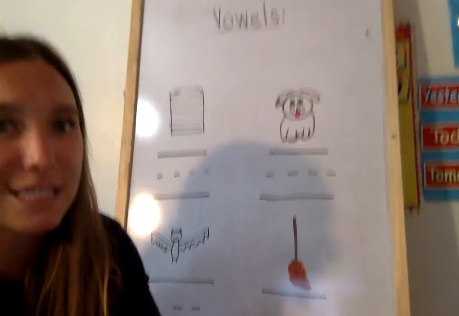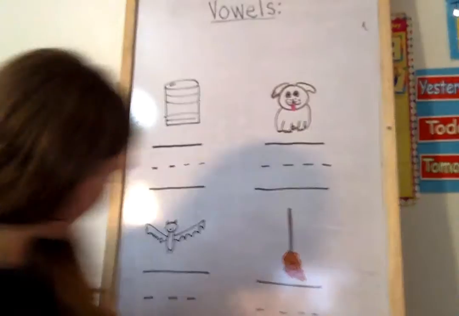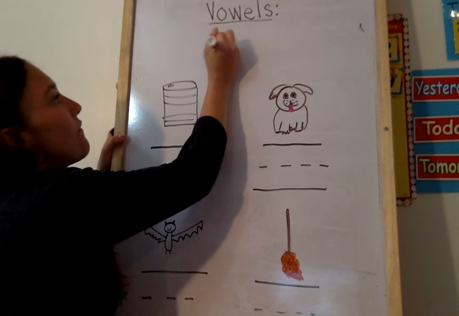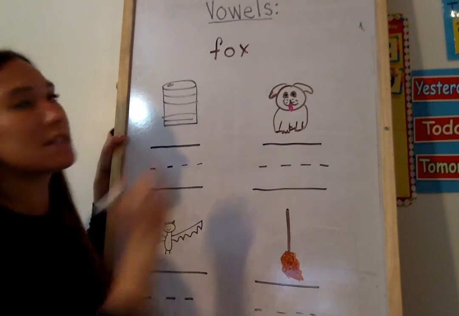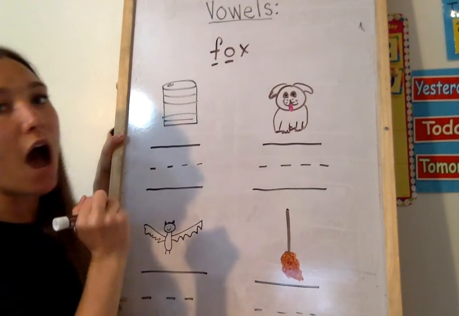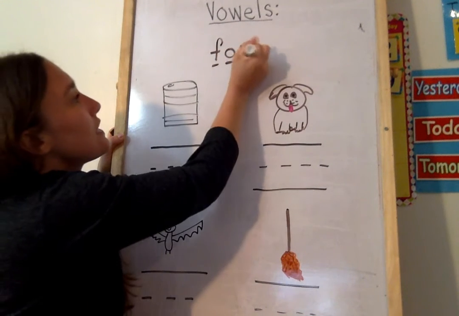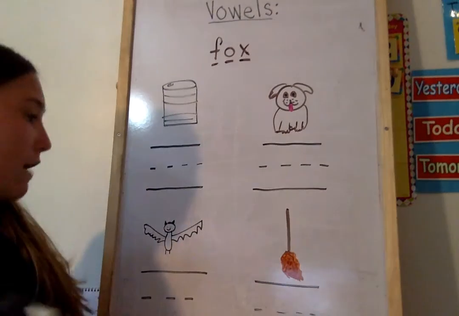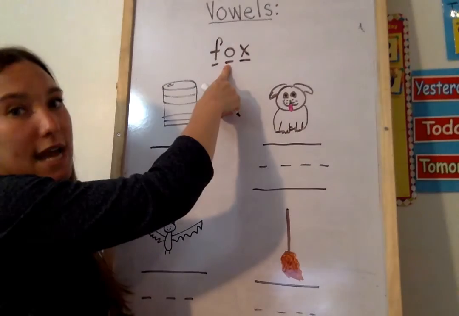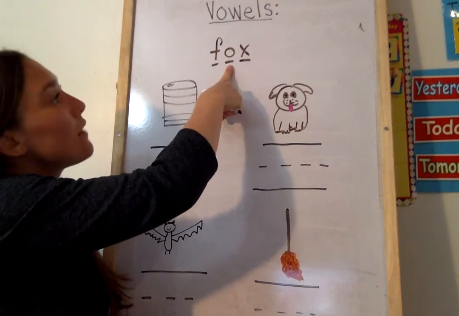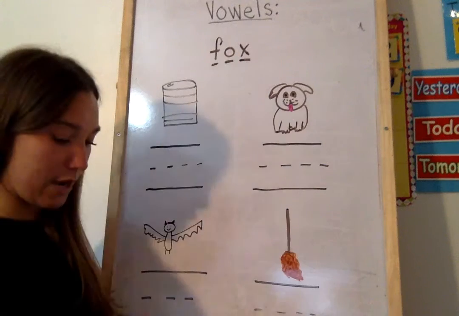Remember when we were doing X, we were doing the ending sound. So this is fox, F-O-X. It begins with F. The middle sound is O, and the ending sound is X. So fox ends in X. Now we're trying to figure out what is the middle sound. So here we have the beginning sound, middle sound, and ending sound.